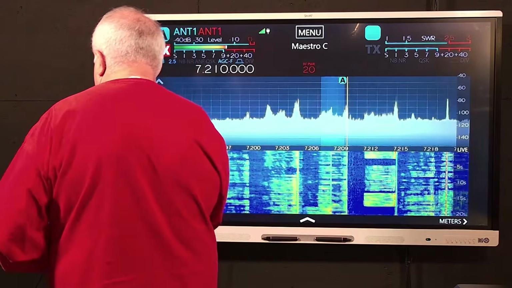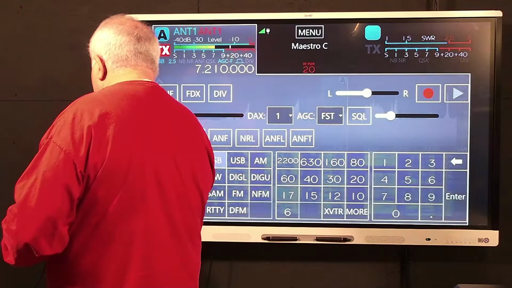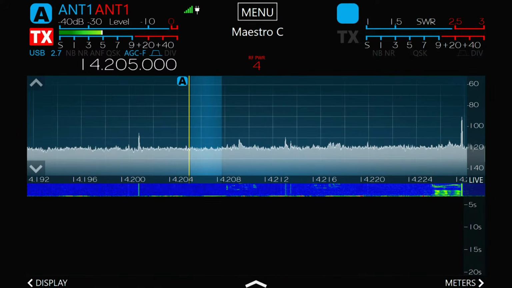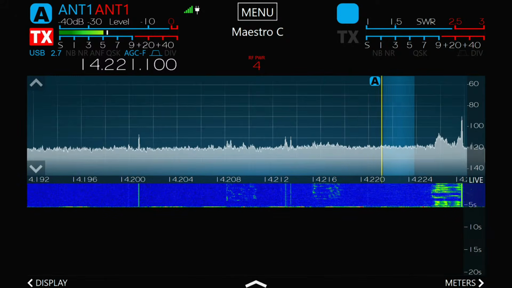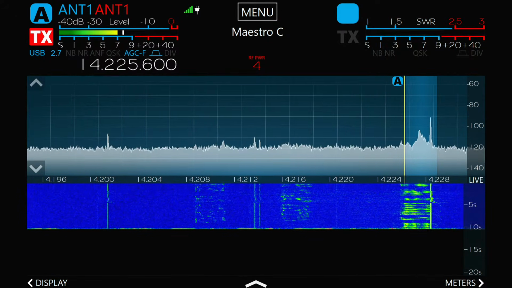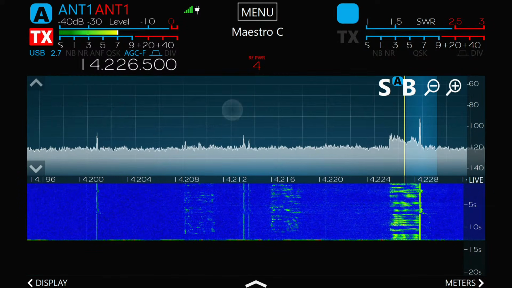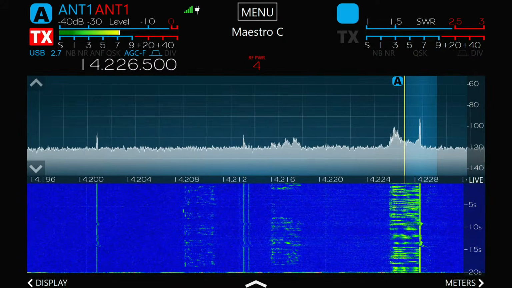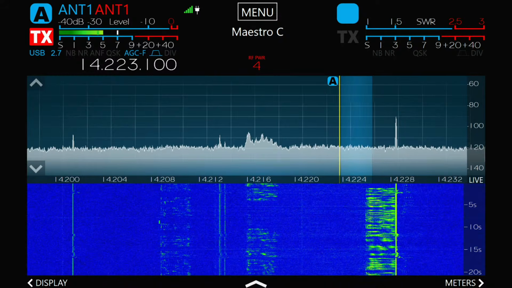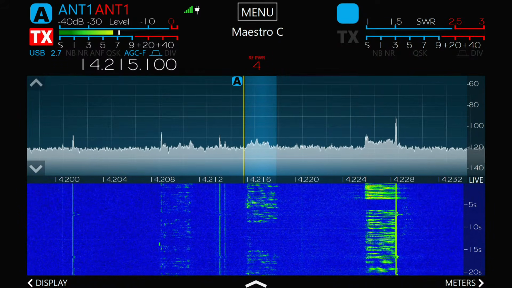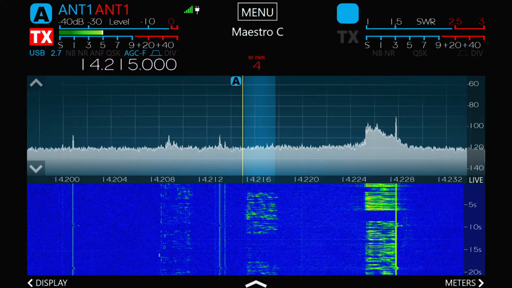Let's see about the 20 meters. Let's see if 20 meters is open now. 20 meters is 14 megahertz. Oh, wait a minute. I think I'm still on lower sideband. Let's go to upper sideband. No, I was on upper sideband. They're transmitting on lower sideband. That's not normal. Okay, that's a weaker signal.